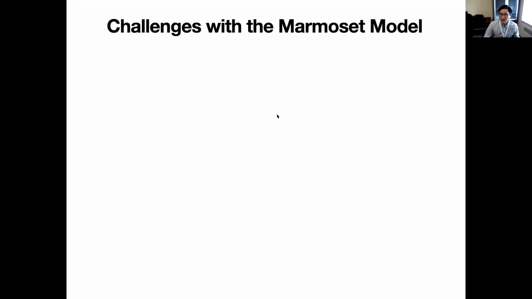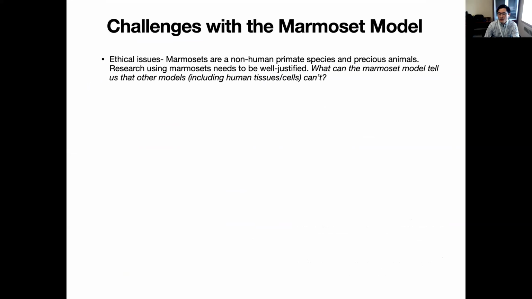Marmosets are a great model for many different reasons, but there are some major challenges when implementing the marmoset model. I just wanted to quickly go over those in case some of you may be interested in implementing the marmoset model at your institution or research center. One important thing to keep in mind is that marmosets are a non-human primate species and a very precious animal species.